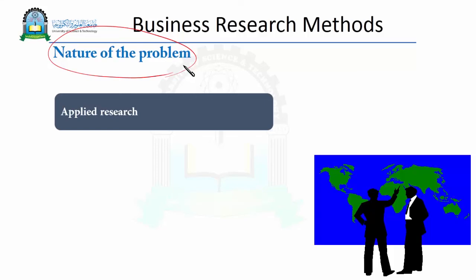So for practical contribution, we need to do an applied research. So if I am facing a current problem in my organization, and I want to solve this problem by the means of business research, it means I am going to go for the applied research.